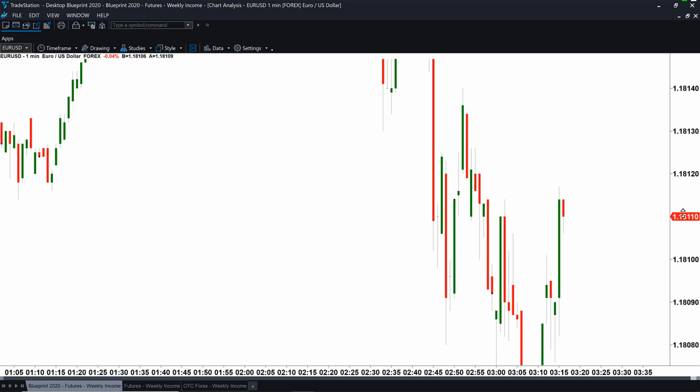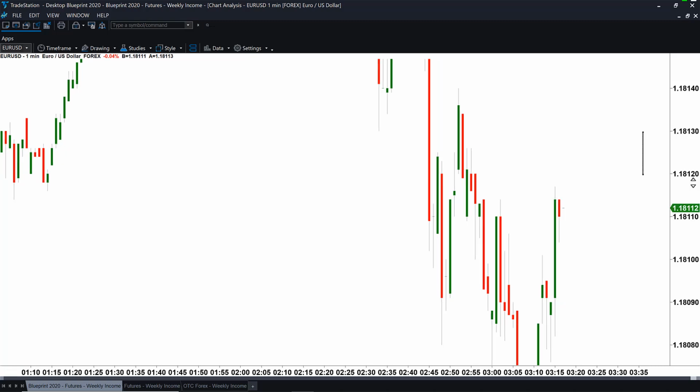We're seeing an exchange rate of 1.18120, and up here an exchange rate of 1.18130. So if price moves from here to here, that's the equivalent of a 1 pip move, because the fourth decimal represents 1 pip, right?